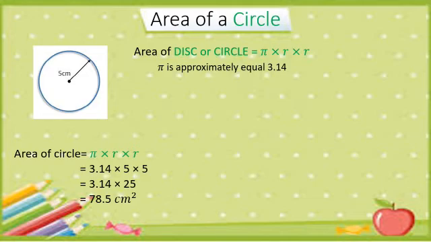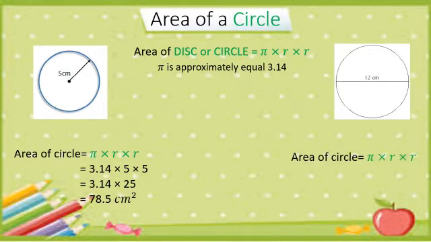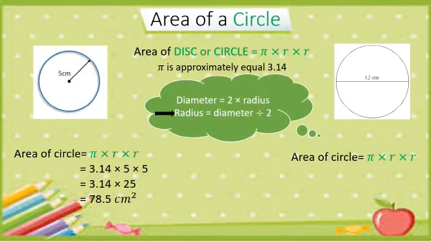Let us take another example. We have this circle of diameter 12 centimeters. The area of the circle is equal to pi times radius times radius. But here in this circle, we have the diameter, but we know that there is a relation between diameter and radius.